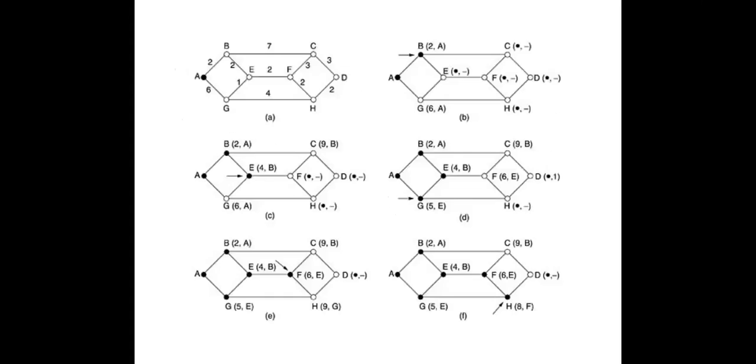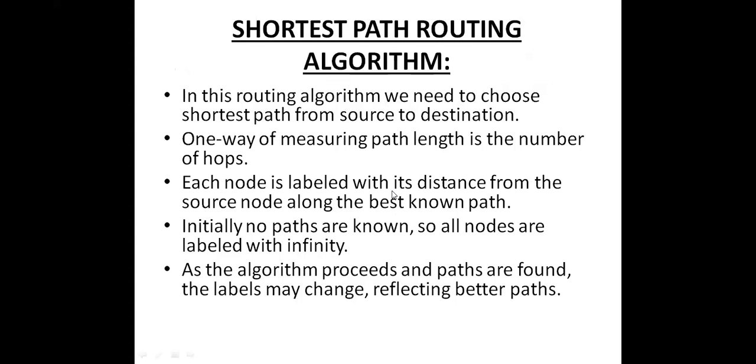And then the shortest path routing algorithm. What is a shortest path routing algorithm? This is an example for it. Observe here, each and every node is labeled with two things: the distance and the best path to move.